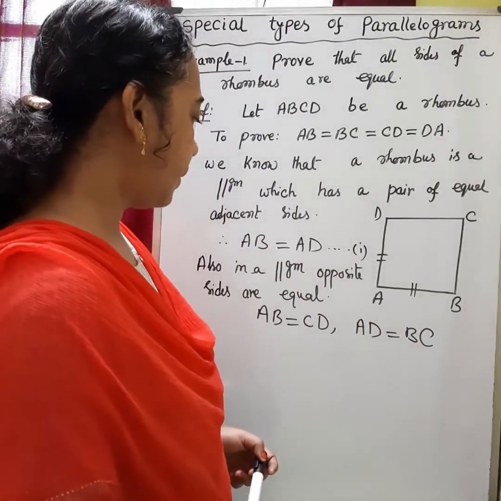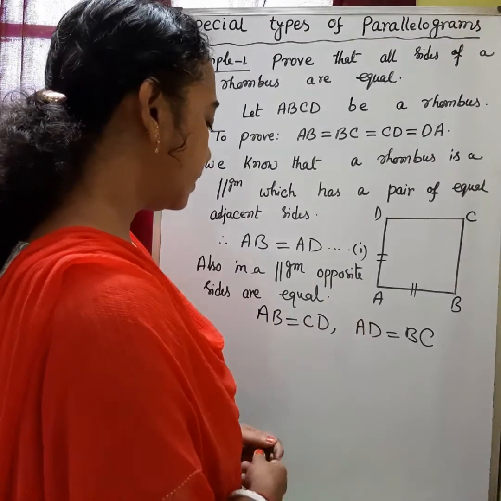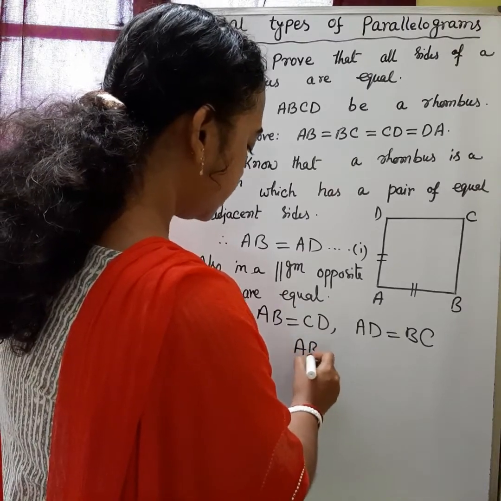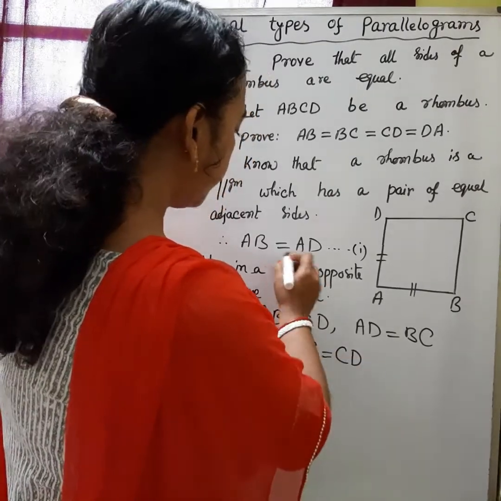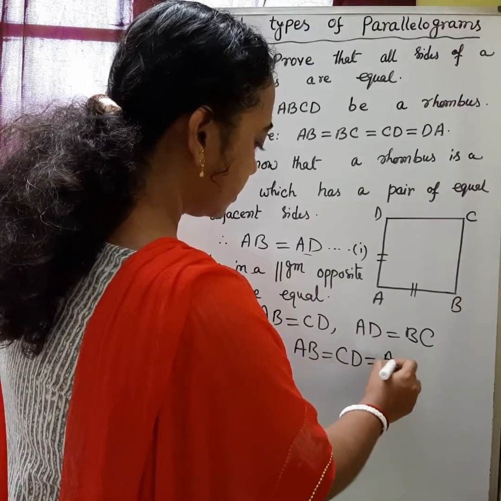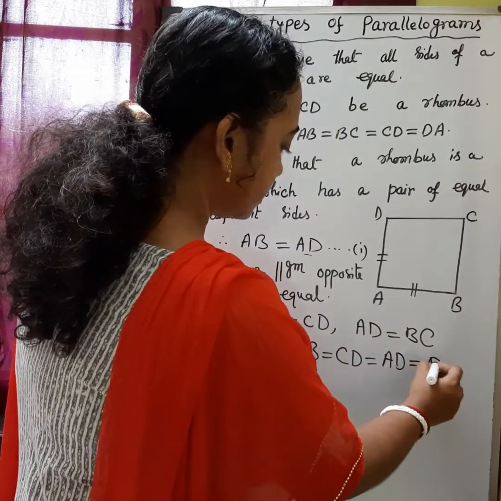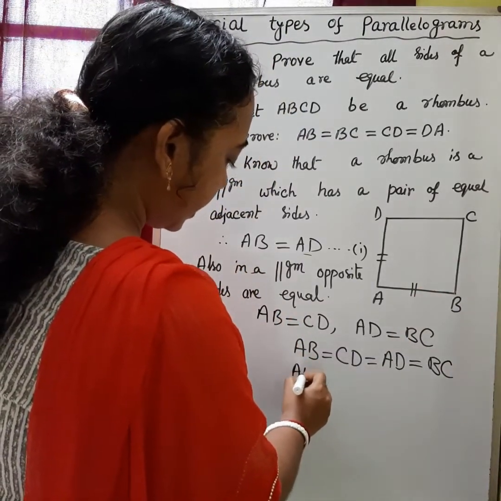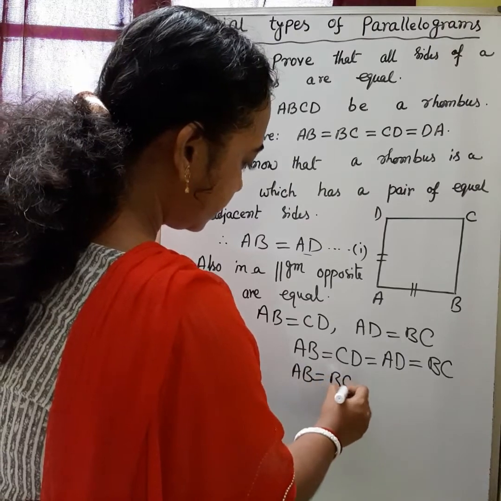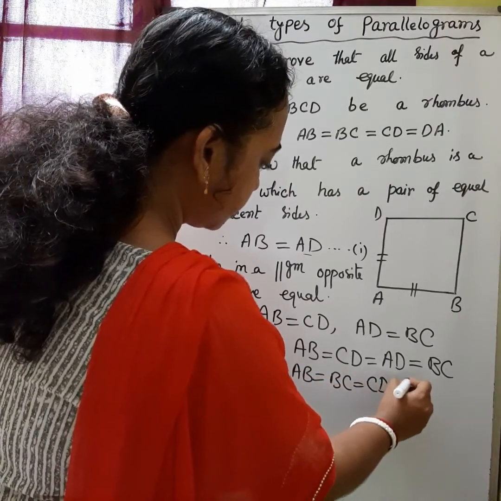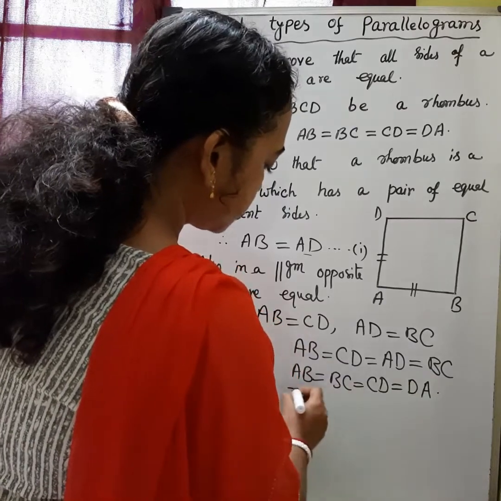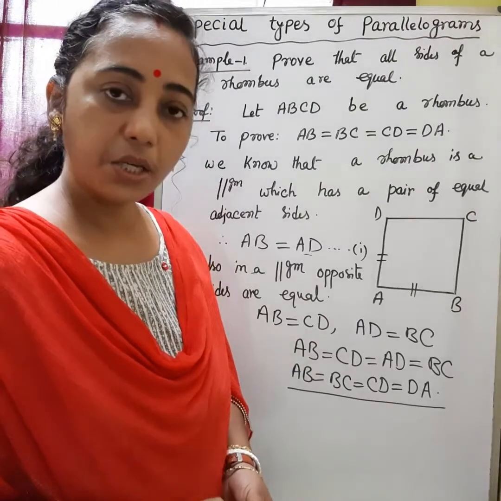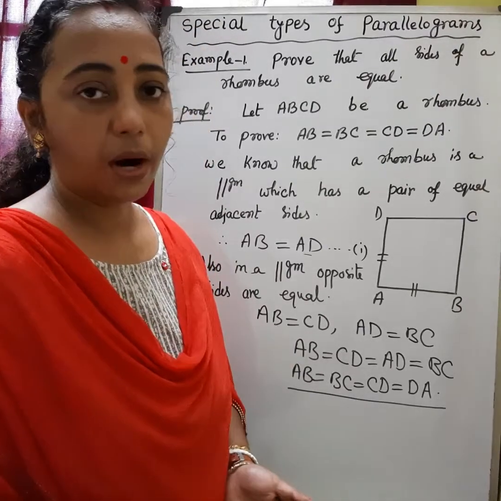Now if we combine all these three equalities, AB is equal to CD, AB is equal to AD, and AD is equal to BC. So if we arrange them according to the figure, we can write AB is equal to BC is equal to CD is equal to DA. This shows that all sides of a rhombus are equal, which is the required proof.